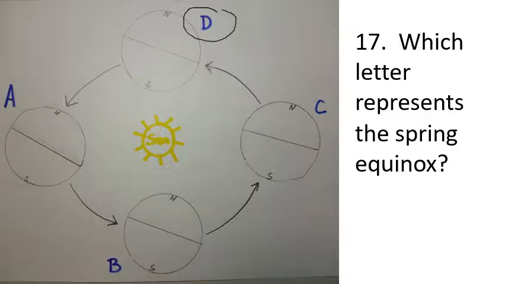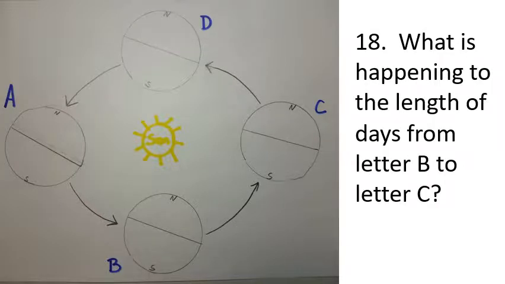That is also D, because if this is winter, and we already said everything from C to D is winter, well, what starts after winter? Spring. So spring starts in that one day the hemispheres get equal sunlight. So this is the spring equinox, also called the first day of spring, is this point here, letter D.